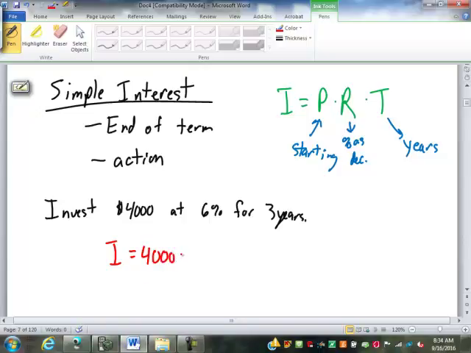What's your rate going to be? Okay, 6% becomes 0.06, we put it into a decimal. And your time is 3. It's $720 in interest. Correct? So that's how you find the interest.